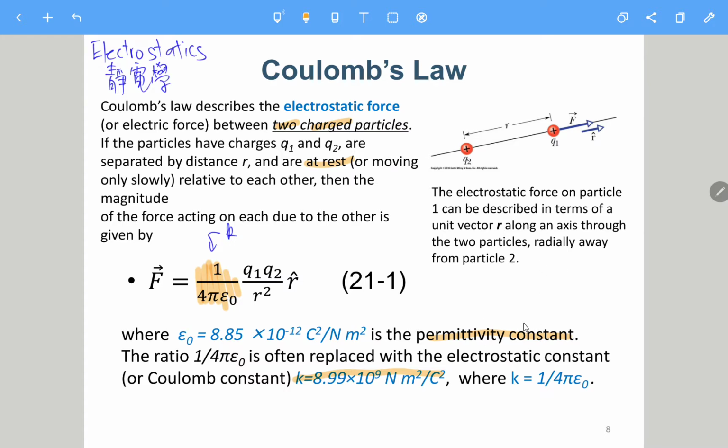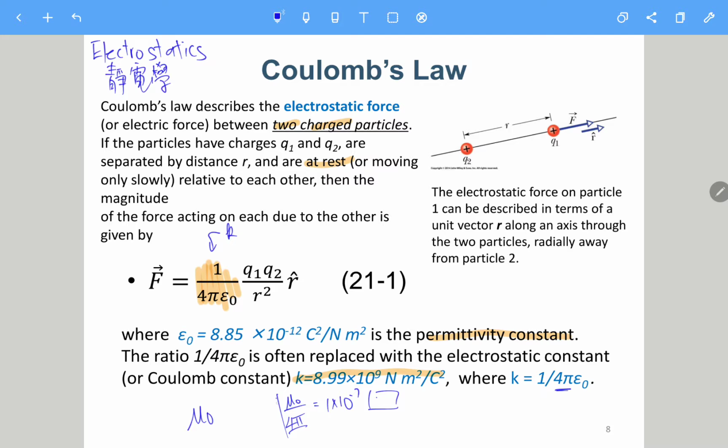In magnetism, we will have another one called mu naught, which is called the permeability constant. It will also appear like mu naught over 4 pi. So we still have this 4 pi here, and this one is actually 1 times 10 to the minus 7. I forgot the SI unit, but I remember the number.